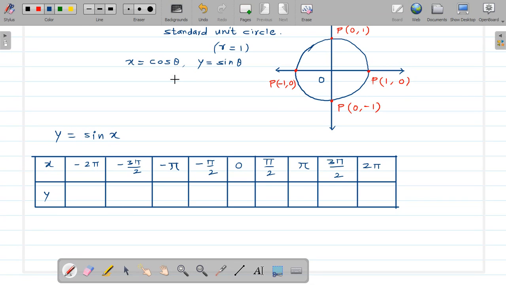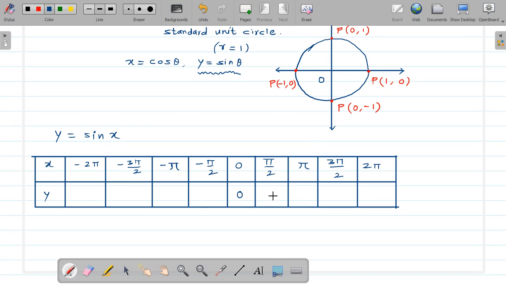As per our knowledge, the value of the y coordinate is the value of the sine ratio for that particular angle. Now suppose the angle is 0 degrees, then the position of the point P is here, so the value of the y coordinate is 0. See here. So for angle x = 0, the value of sin 0 is 0.